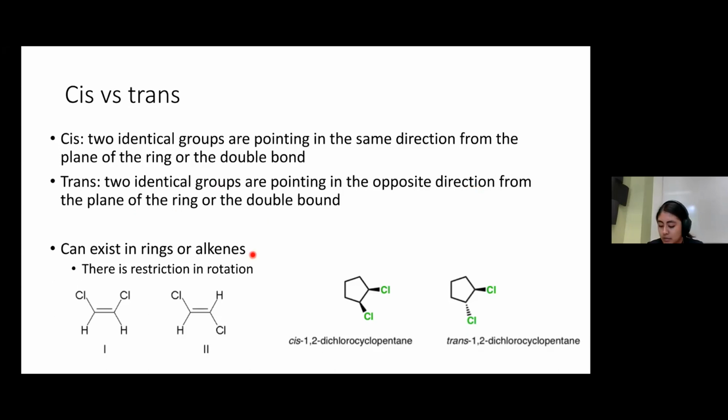In this case, we're talking about rings and alkenes. If you remember from Gen Chem, these have restrictions in rotation. These double bonds are, let me write it down, sp2 plus p. So the double bond itself is an overlap of p orbitals. Let me erase that.